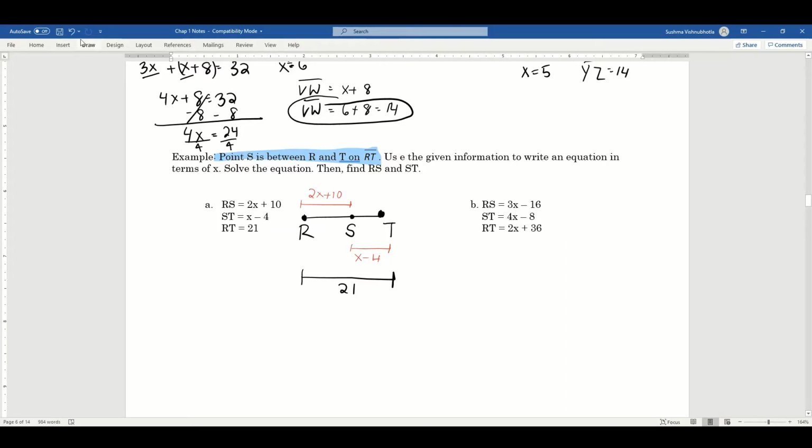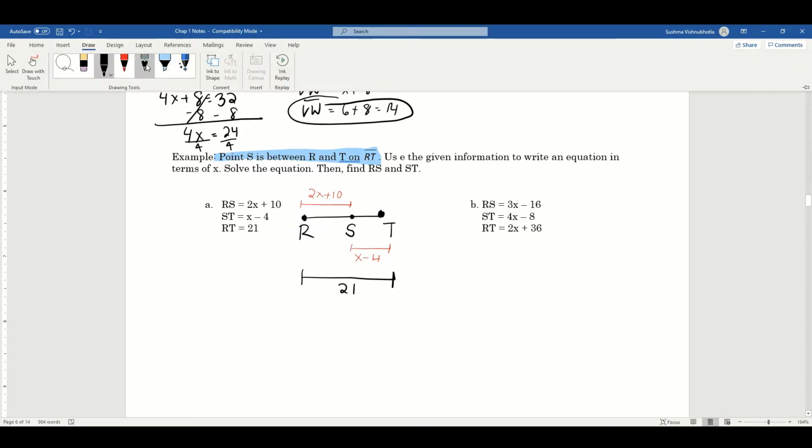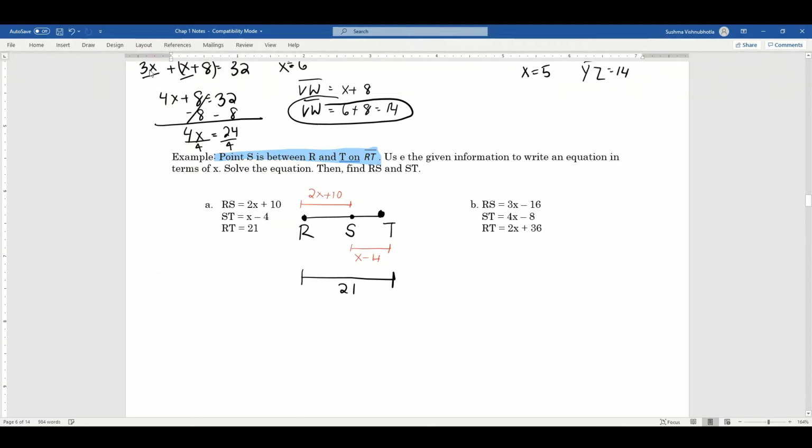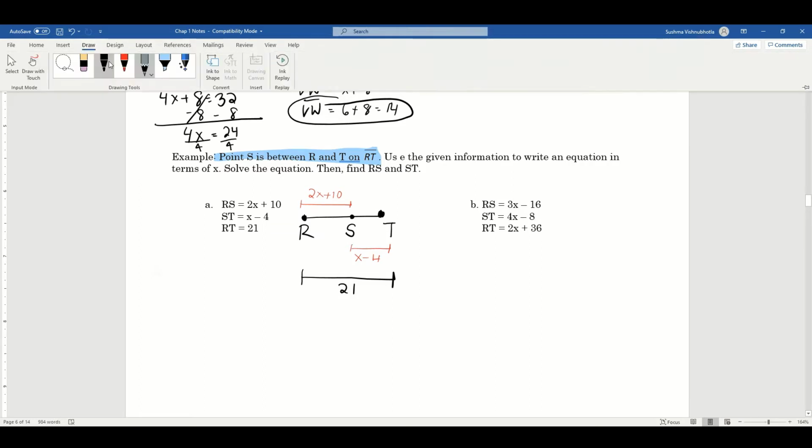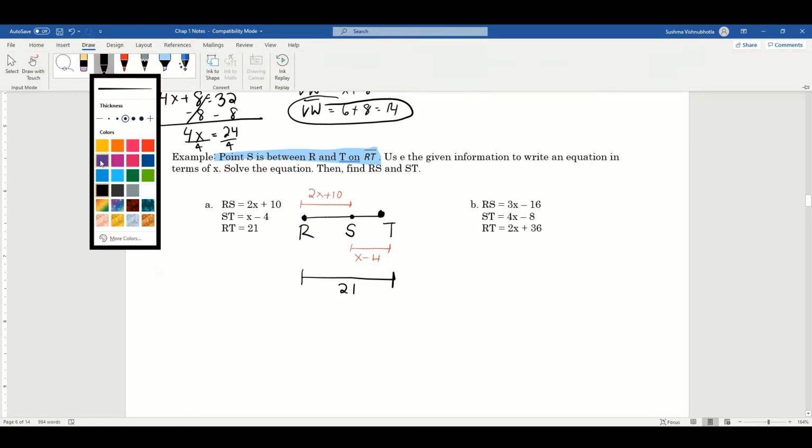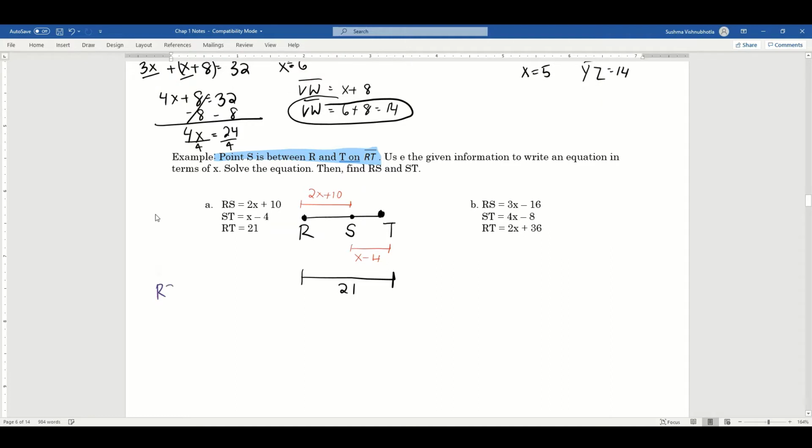So you should think about what equation can I write to solve for x? Well, according to the segment addition postulate, I can say RS plus ST is equal to RT. RS is 2x plus 10 plus ST is x minus 4 is equal to the entire length, 21.